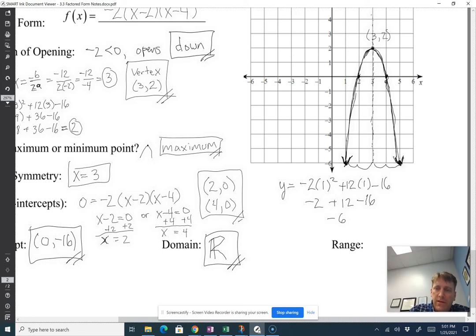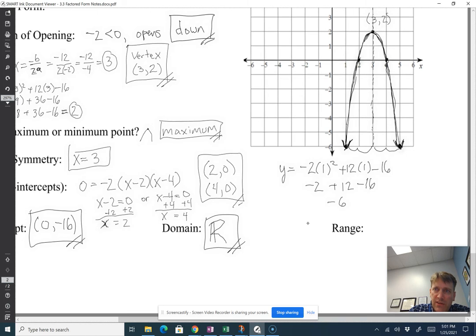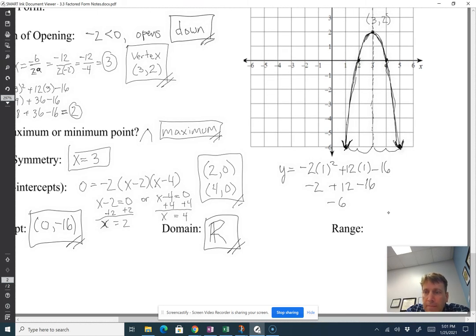And here we see that for our range, the highest point is at 2, and it goes downwards. So we have y is less than or equal to 2.